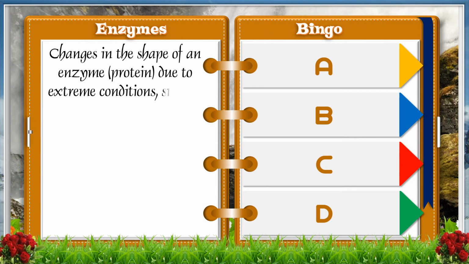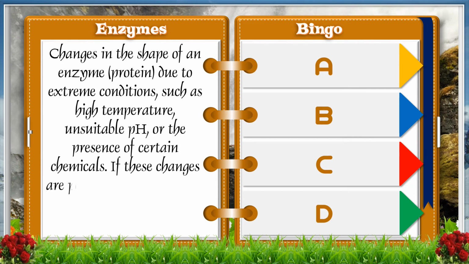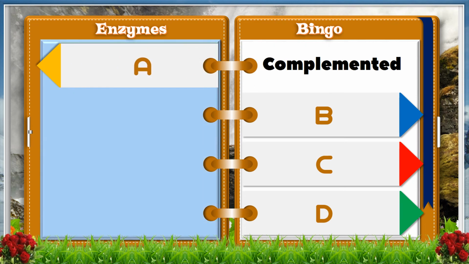Changes in the shape of an enzyme due to extreme conditions such as high temperature, unsuitable pH, or the presence of certain chemicals. If these changes are permanent, they destroy the activity of the enzyme, and the enzyme is A. Complemented.